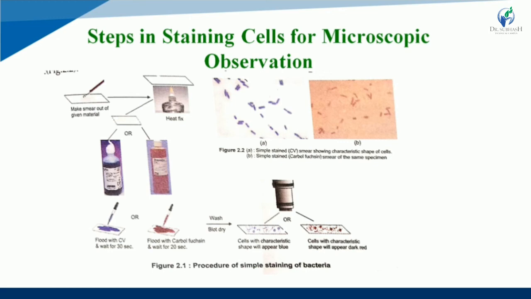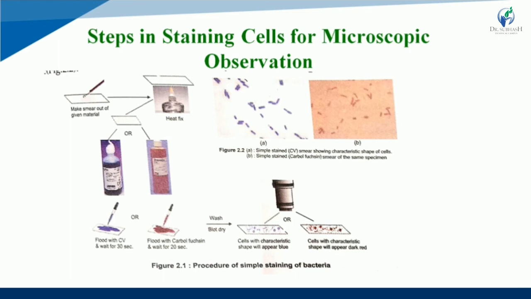First one is flood with CV, crystal violet, and wait for 30 seconds. Otherwise, flood the glass slide with carbol fuchsin and wait for 20 seconds. After that, they are washed with tap water to remove excess stain and blot dried with the help of blotting paper.